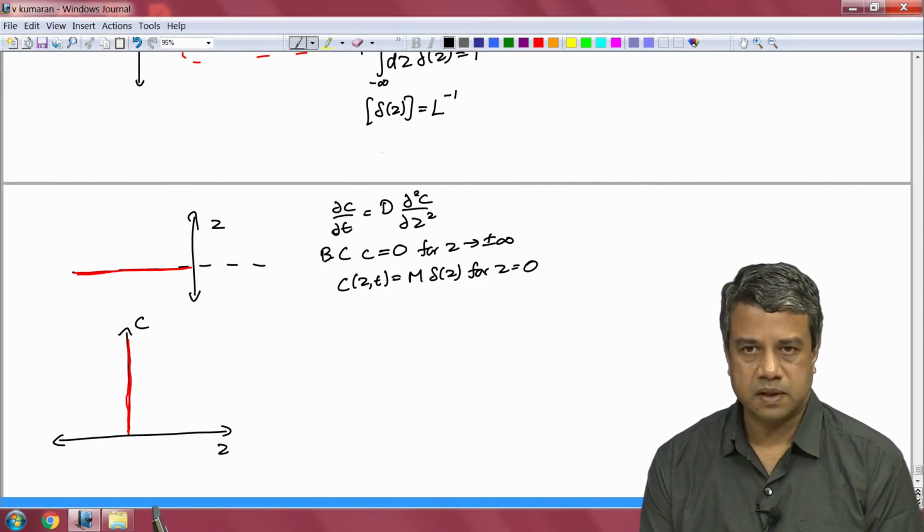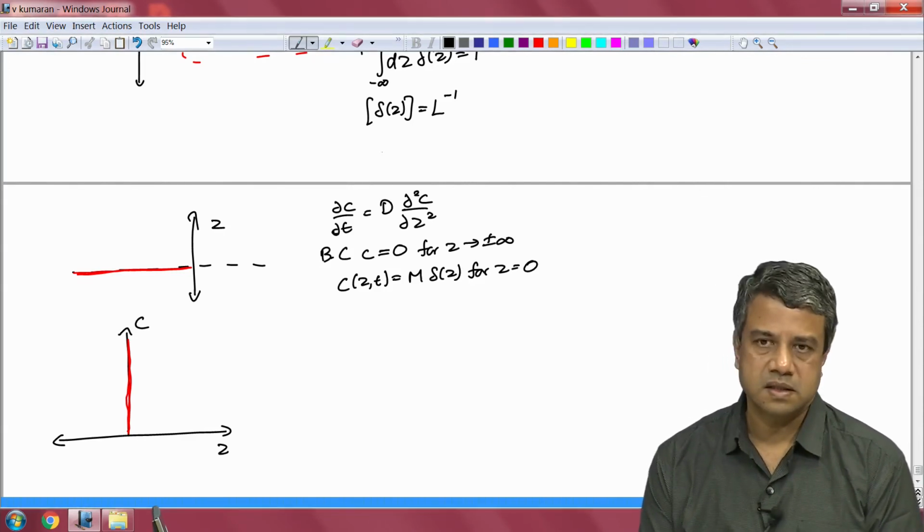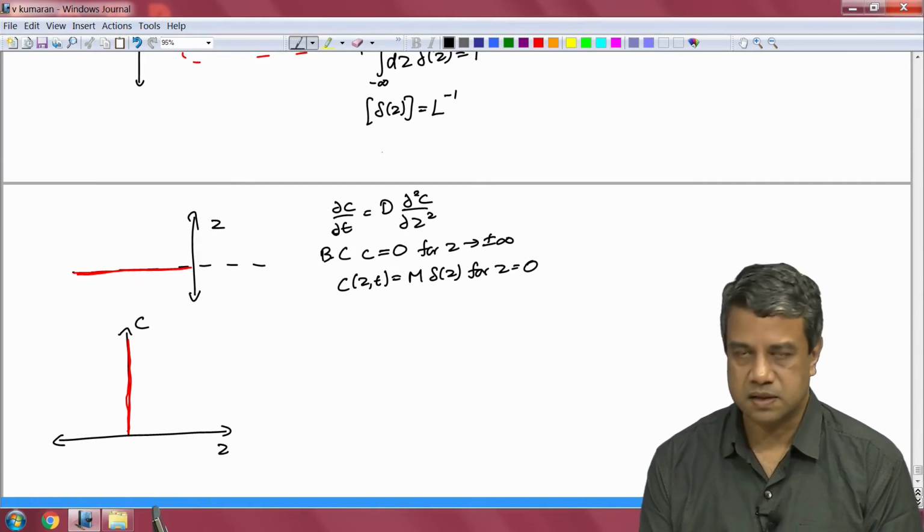M is a mass per unit area, delta has dimensions of inverse length. So, this is a concentration.